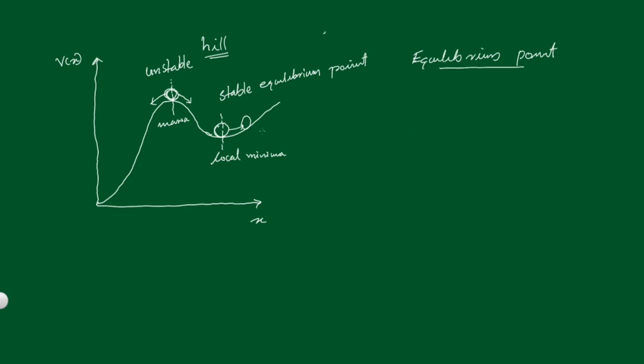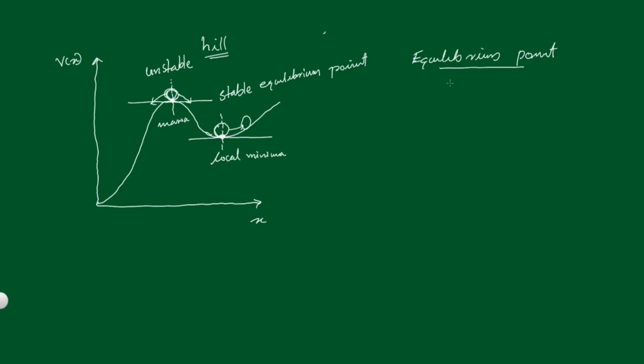Here you see these are the unstable equilibrium point and the stable equilibrium point. If you take the slope at the stable equilibrium point, it will be parallel to the x-axis. And if you take the point of unstable equilibrium, the slope will be parallel to the x-axis.